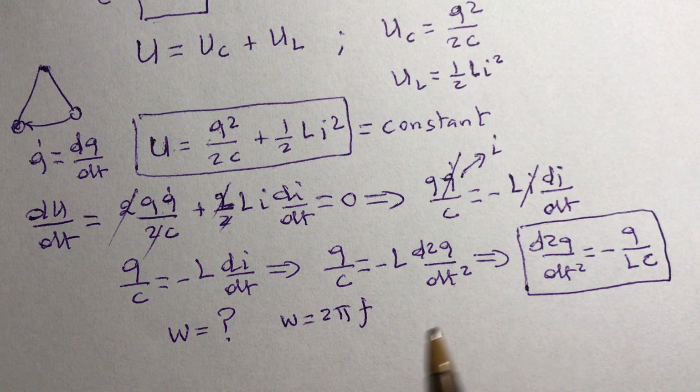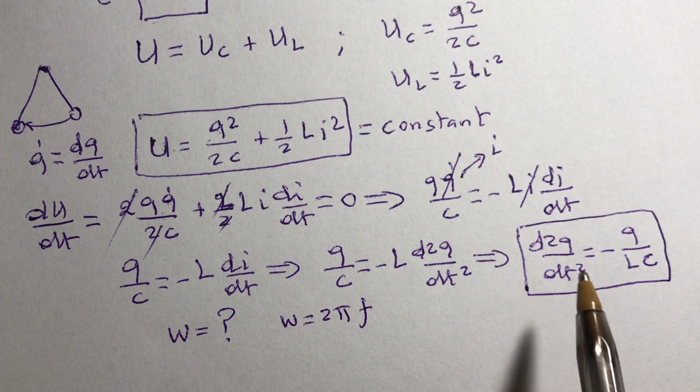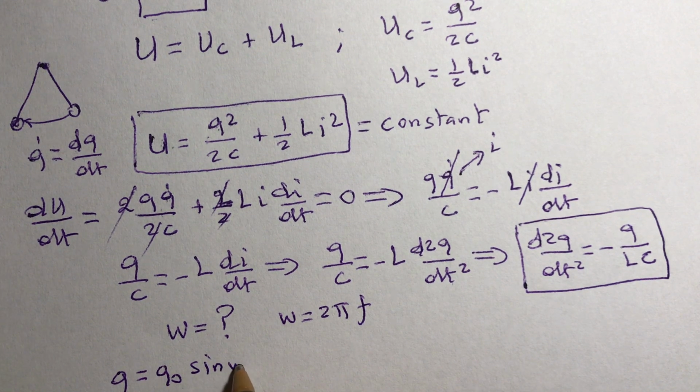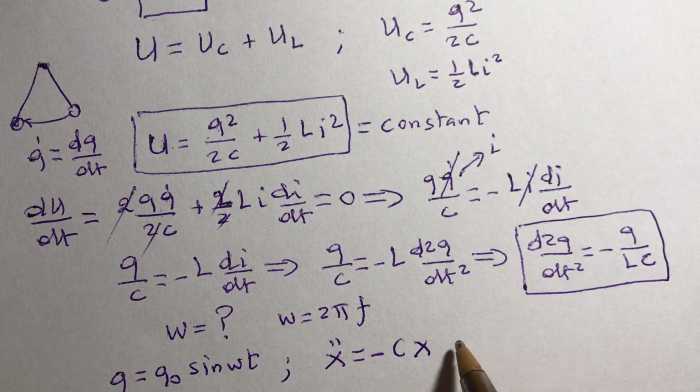So what we do, this is a second order differential equation. We know the trial solution will look like this: Q0 sine omega t. You see, whenever you have an equation that looks like this, x double dot equal to some constant times x, its solution is going to be an oscillation.